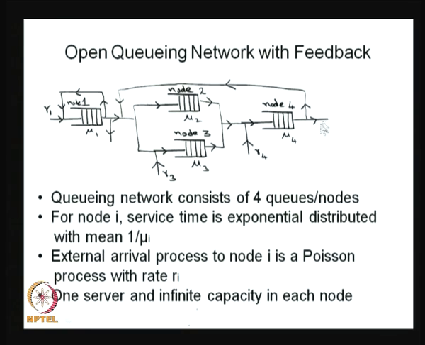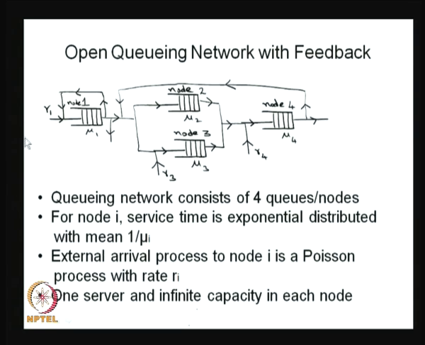This is the open queuing network, and the assumptions are that for each node the service time is exponentially distributed with mean 1 divided by mu_i, that is, parameter mu_i. There is only one server in each node and infinite capacity for each node.